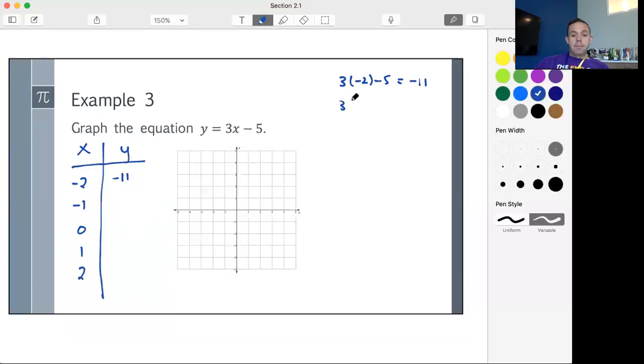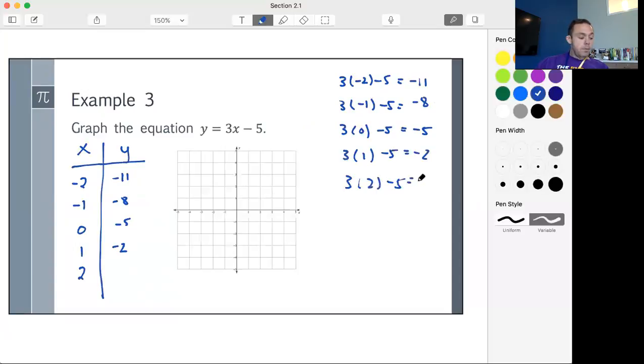My next one, I have 3 times -1 minus 5, and that equals -8. And that's the point that goes there. My next one is 3 times 0 minus 5, and that's going to give me -5, and that's the point that goes there. Then I have 3 times 1 minus 5, and that's going to give me -2. And then I have 3 times 2 minus 5 equals 1.